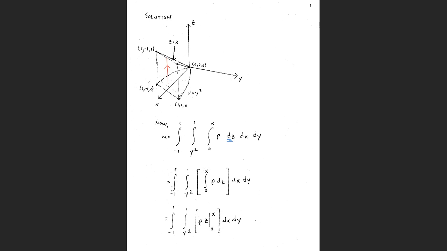The solid is bounded below by z equals 0. So that 0 there really means z equals 0, right? And then the solid keeps going up until you reach the plane z equals x. So those are our surfaces on the top and the bottom.